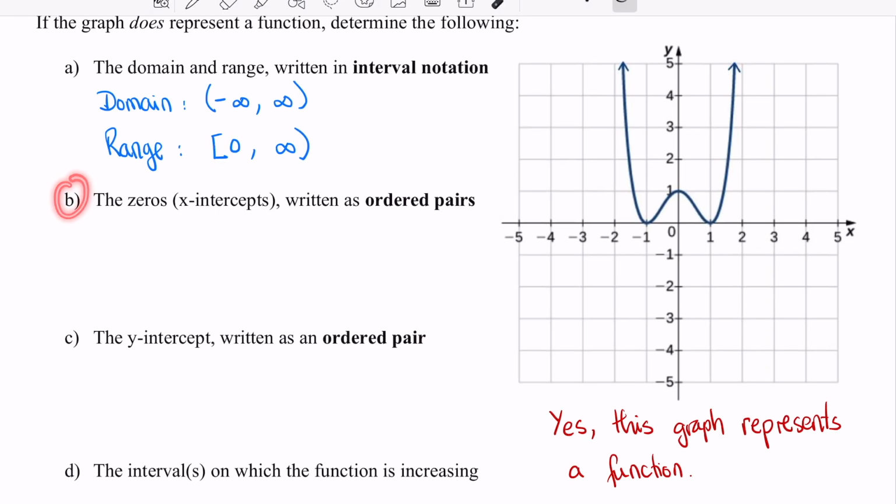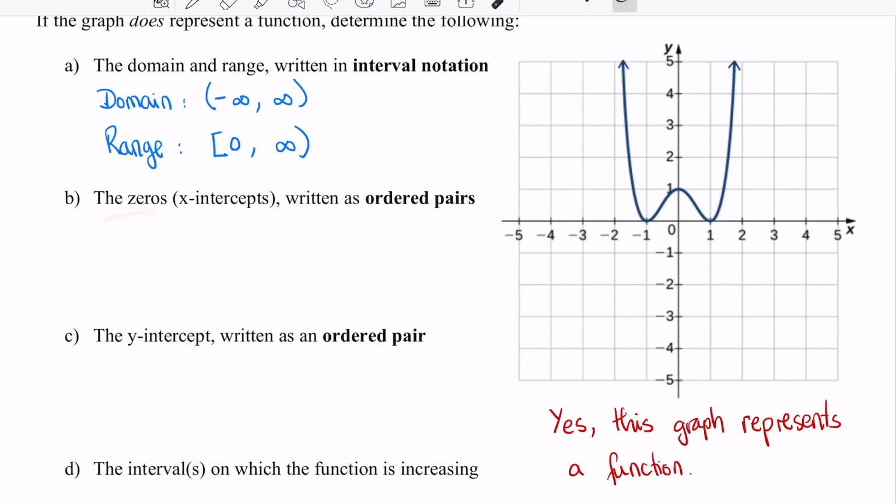Question B. Find the zeros or x-intercepts and use ordered pairs. X-intercepts are the points where the graph touches the x-axis. This graph touches the x-axis at this point where x equals -1 and this point where x equals 1. This point is an x-intercept and this point is also an x-intercept.